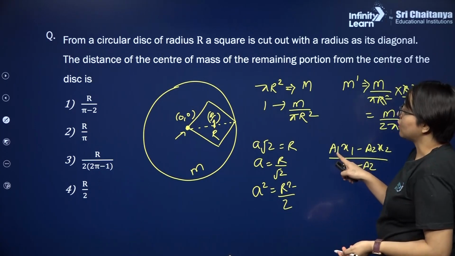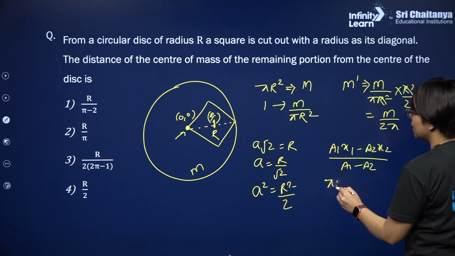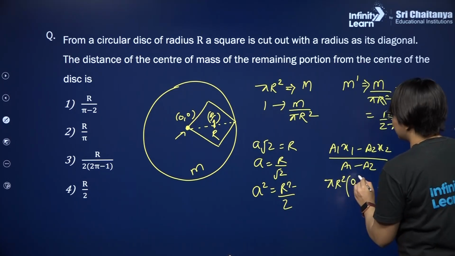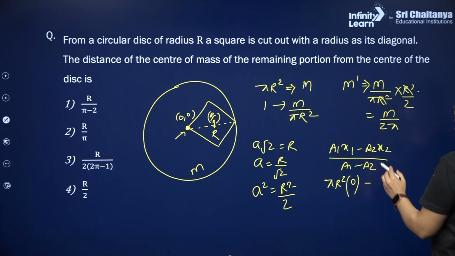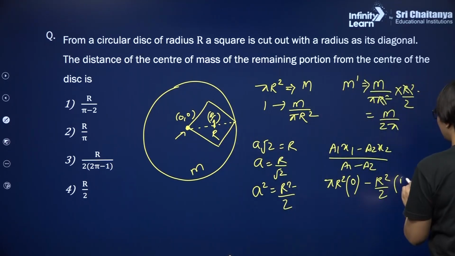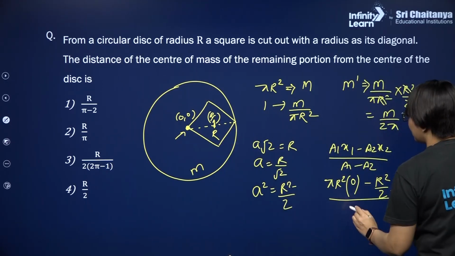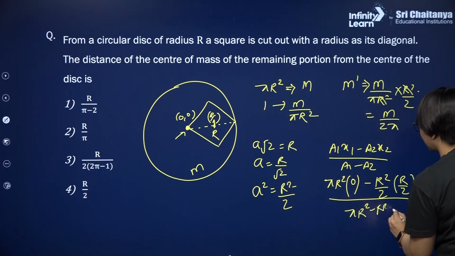So a1 is the area of the complete disc over here, which is pi r square. x1 is the center of mass of the complete disc, which is 0, minus a2, the area of the removed portion, r square by 2, into x2, the center of mass of the removed portion, r upon 2, divided by a1 minus a2, that is pi r square minus r square by 2.